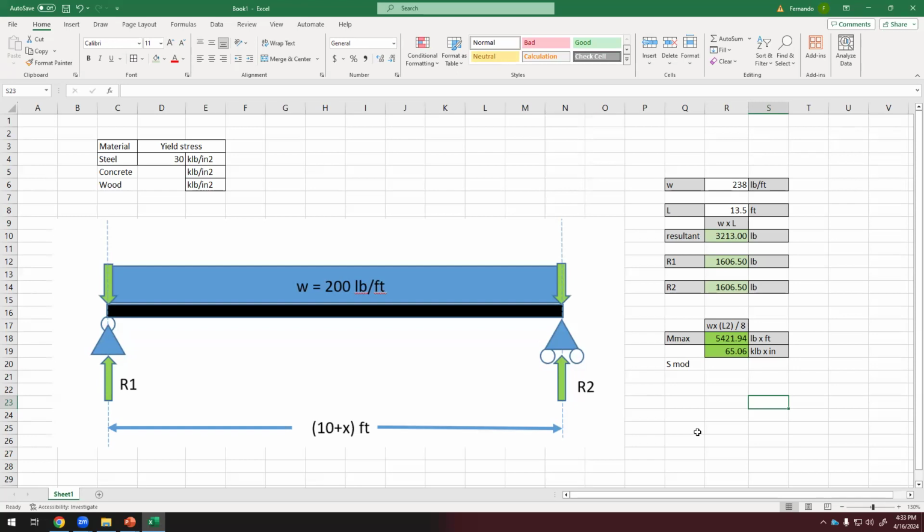And then I cancel this, yeah, it's cubic inch. So the section modulus will be equals moment divided by yield stress, and the units are cubic inch.